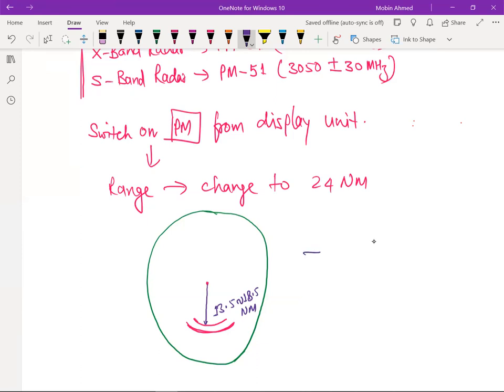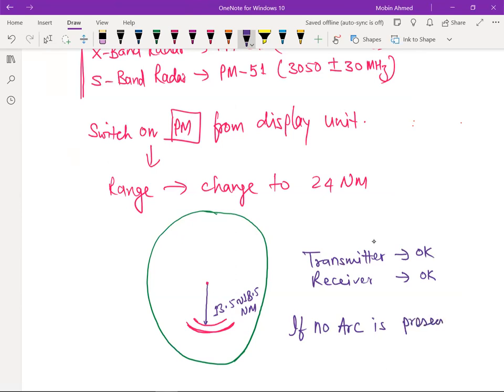If it is appearing, that means your transmitter is okay, receiver is okay, means both are healthy. If no arc is present, if you can't see this arc, then the magnetron has to be replaced.